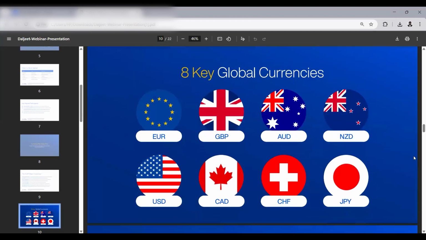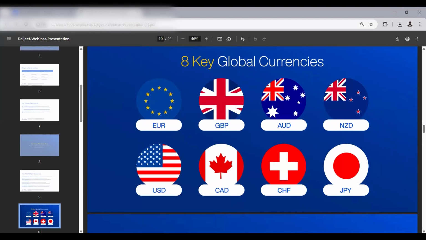I'll give you the icons and justification of these 8 global currencies. Again, if you need, you can take a screenshot of this slide so that it can be taken as a reference point, because you're going to be connecting majorly through these major currencies, because we're going to be making pairs out of these global currencies. It can help for future reference.